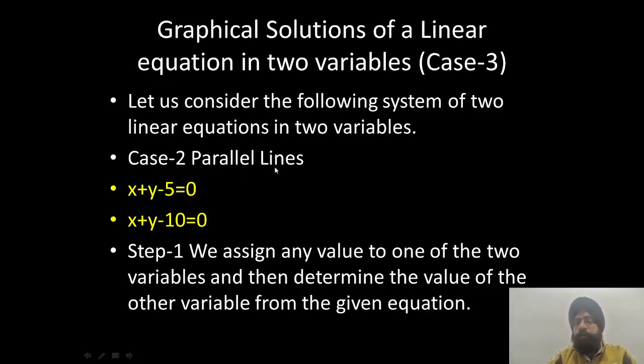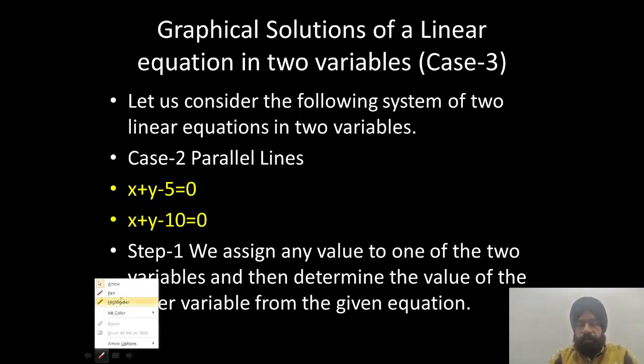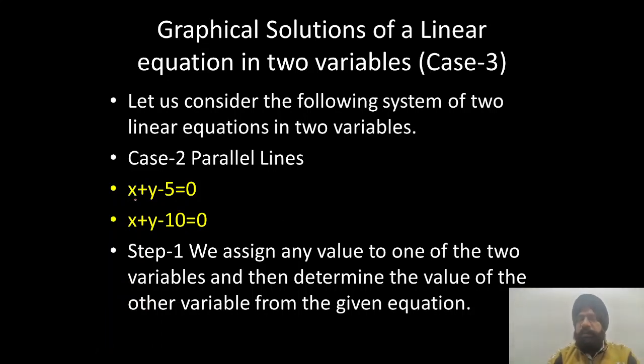The third case was the parallel line case. Now for parallel lines, you will remember, we are going to talk about the coefficients again. The x coefficient for the first equation is 1, the x coefficient for the second equation is 1, and the y coefficient for the first equation is 1, and the y coefficient for the second equation is again 1.